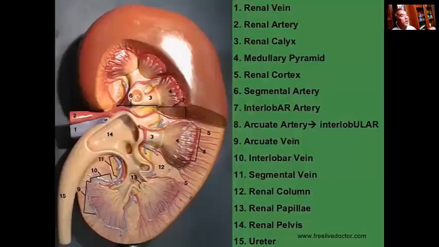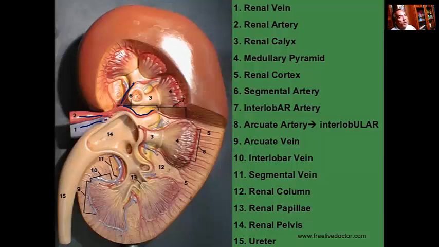Now let's take a look at the blood vessels again. The renal artery is followed by the renal vein. Remember, the renal vein goes out to the inferior vena cava. The renal artery goes in to become small vessels. From there, you see that it becomes branches from the renal artery.